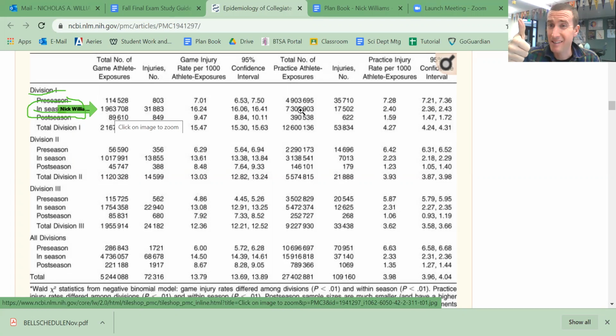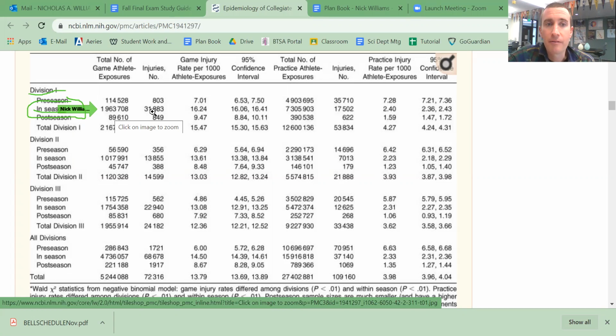That seems to make sense, right? In a given week, if I break it down with like 9 iterations, about 2 games and 7 practices. So a 2-to-7 ratio would be 3.5 practices for every game that you play. That seems about right.